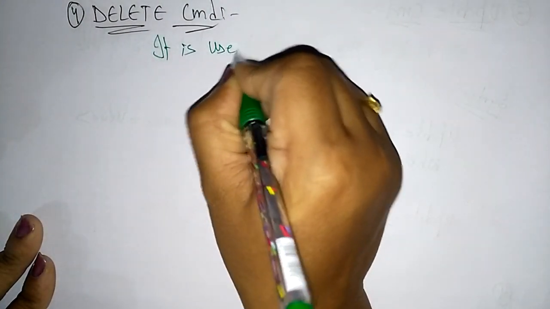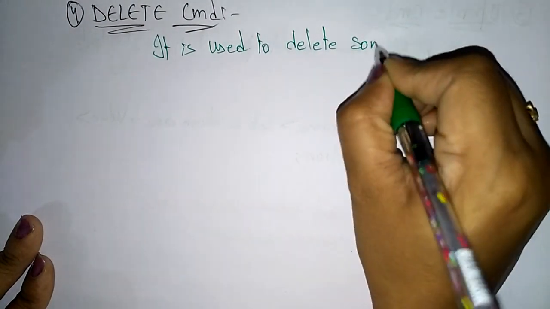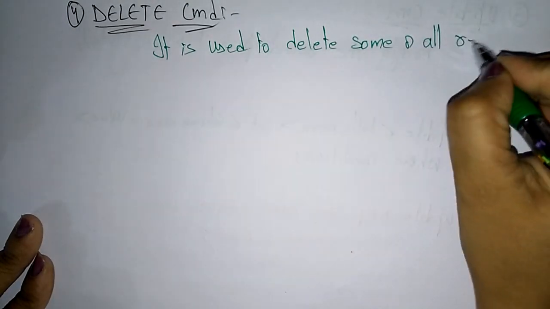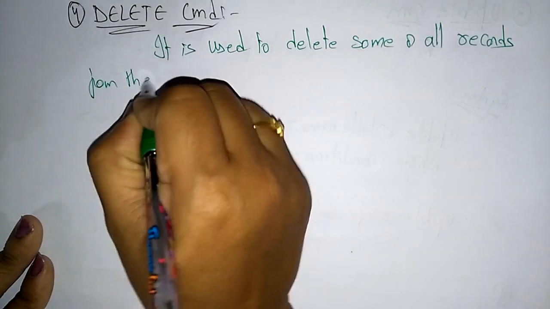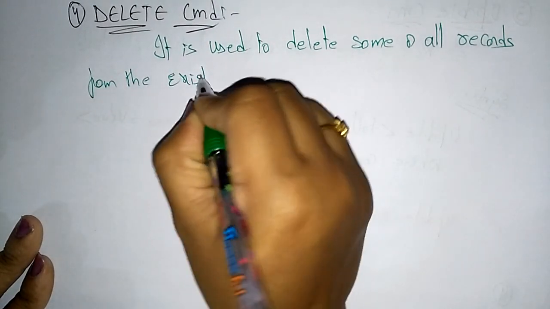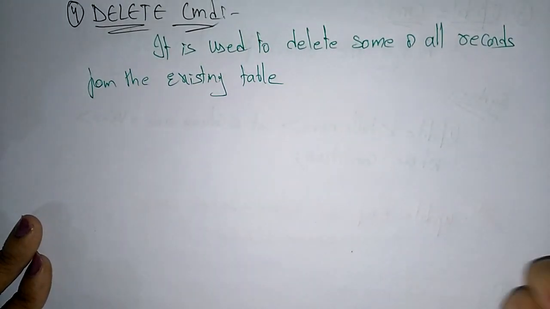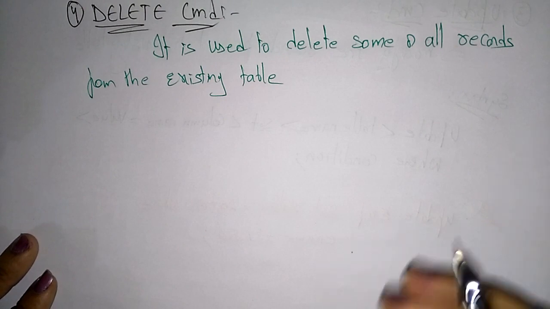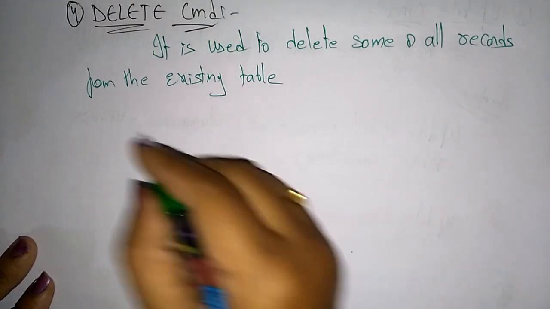It is used to delete some or all records from the existing table. The delete command deletes only the records present in the table. Based on the condition, it deletes only some records, or it deletes all records in the table.